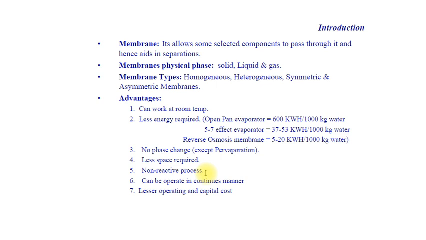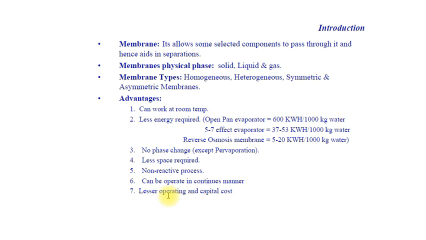Now, next is less operating and capital cost. Due to the above-mentioned advantages, the operating cost requirement will be reduced. Why? Because phase change is not required, the energy requirement is low, the space requirement is low, so you need a lesser operating cost.